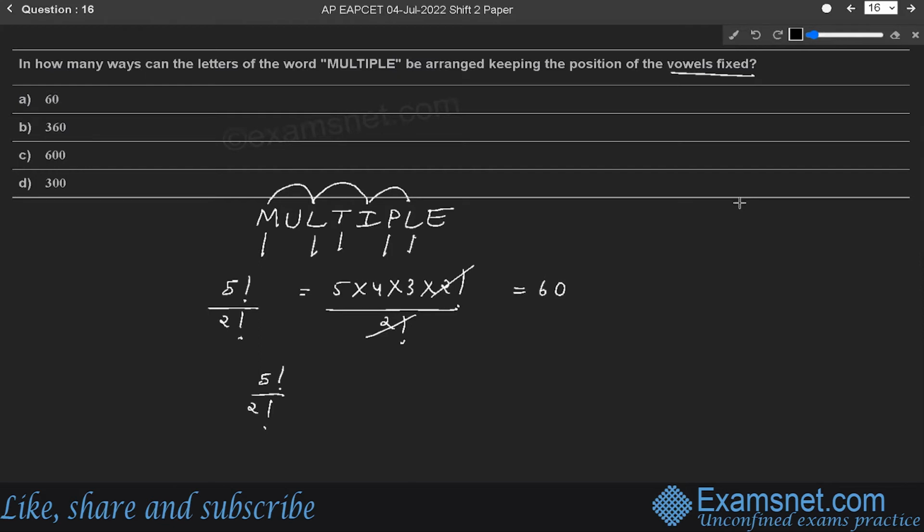So again 5 factorial upon 2 factorial will be 60. So the possible ways for all the letters to be arranged will be 60 into 60, which is 360. So we can say that option number B is the correct option for this question. I hope it is clear to you. The questions for probability are very, very simple.